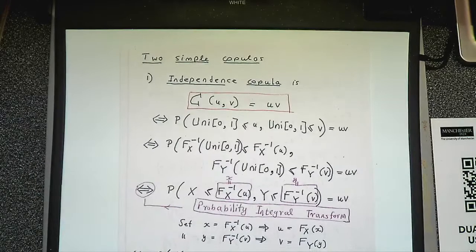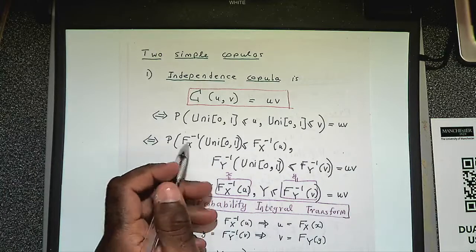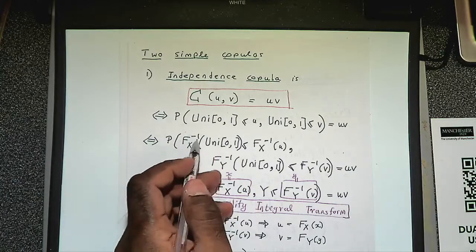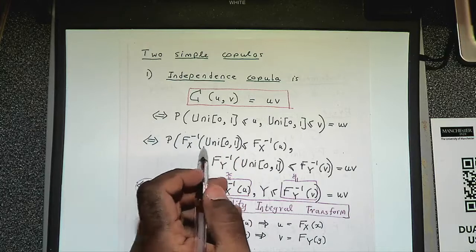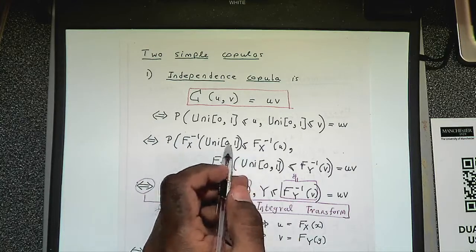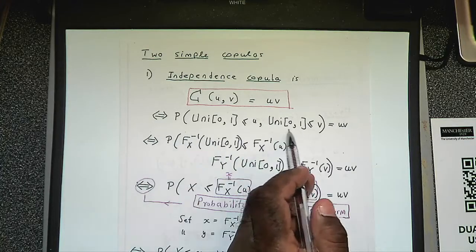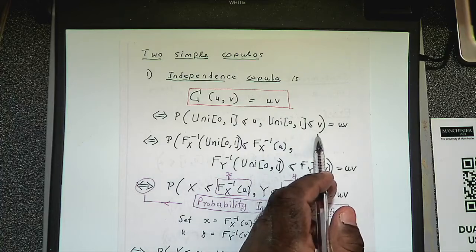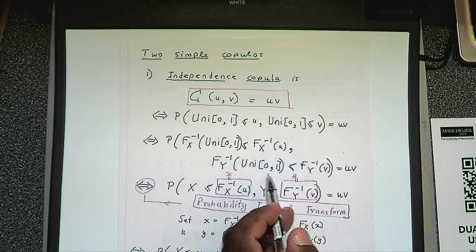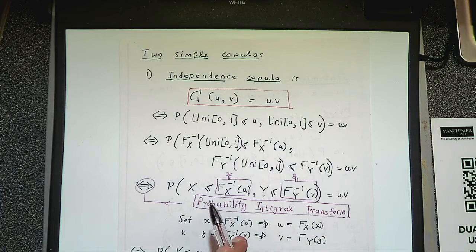The next thing I'm going to do is take the inverse function of x on both sides of this inequality, so it becomes this. And similarly, I'm going to take the inverse function of y on both sides of this inequality, so it becomes this. We are talking about copulas.